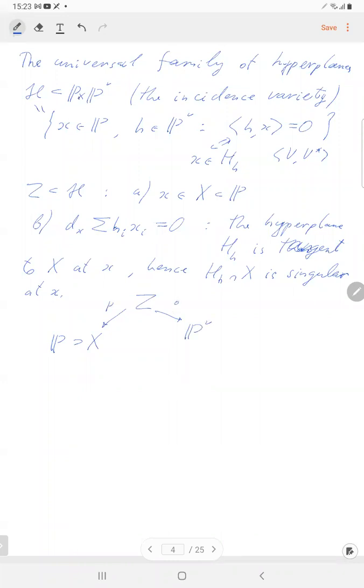Let's call them P and Q. Our aim is to prove that Z is so small that it cannot cover the dual projective space under this projection Q. So we will prove that the dimension of Z is less than n, and hence Q of Z is closed and strictly smaller than P dual.